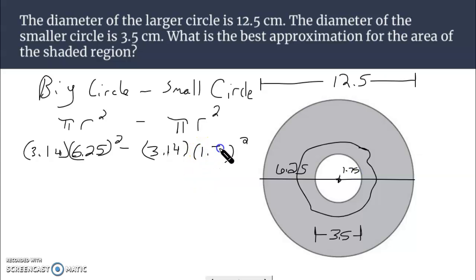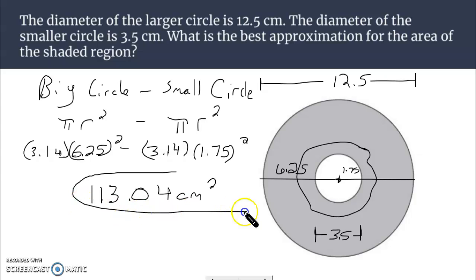Radius of the smaller circle, 1.75. So a lot to plug in the calculator. Just go slow. Good idea to enter parentheses, keep things separate. The area of the shaded region comes out to 113.04. And we are talking in centimeters, so it is square centimeters.